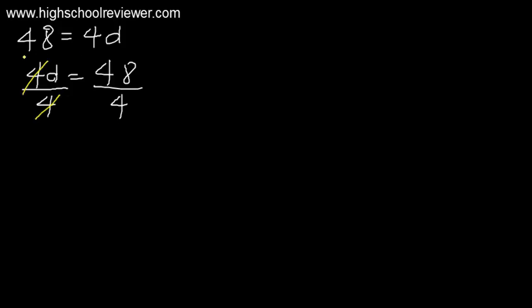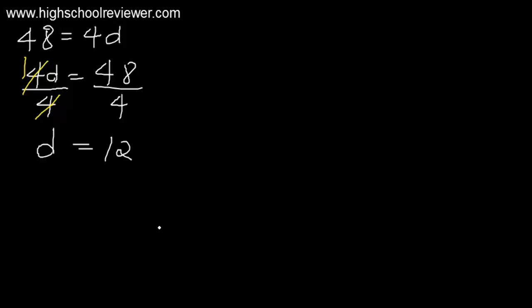We can cancel this out. So 1 multiplied by d is positive d. And 48 divided by 4 will give us positive 12. Our d is positive 12.